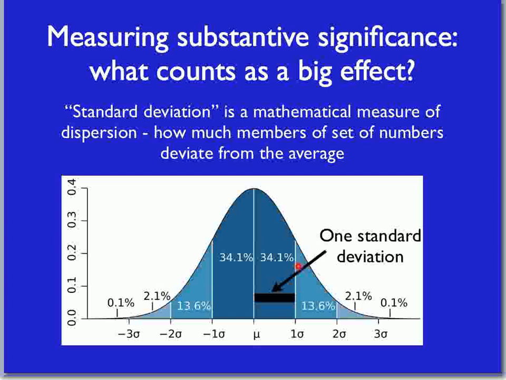So, standard deviation then lets you measure what counts as a big effect or a small effect. To say, if you were to flip a coin 100 times, and you came up with 52 heads, that would not be a big deal, right? If you came up with 75 heads, that would be a big deal. So one standard deviation measures essentially whether or not it's a big deal, right?